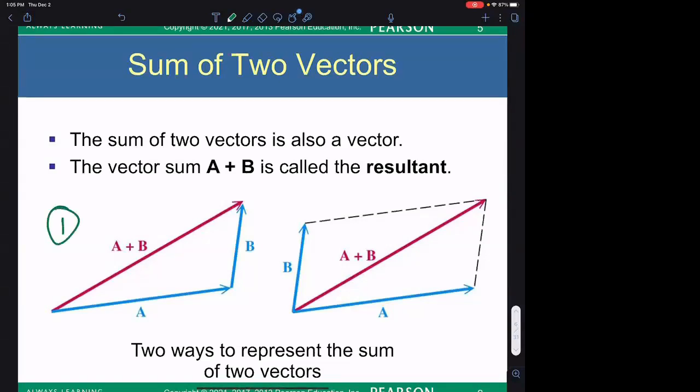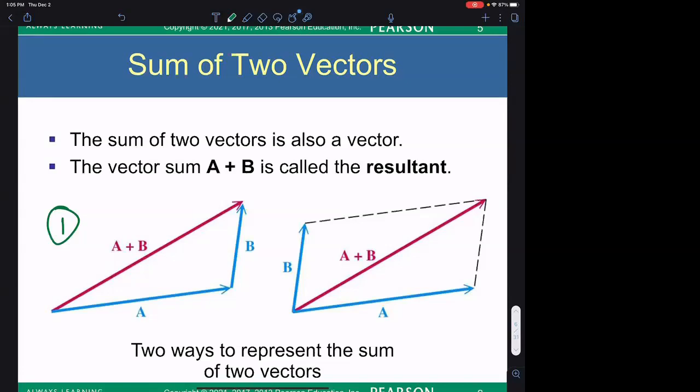The way we add two vectors A and B is you imagine starting at the initial point of vector A, finishing at the end of vector A, and then at the end of vector A, you make that the initial point of vector B. And then you extend along vector B until you get to the finishing point.